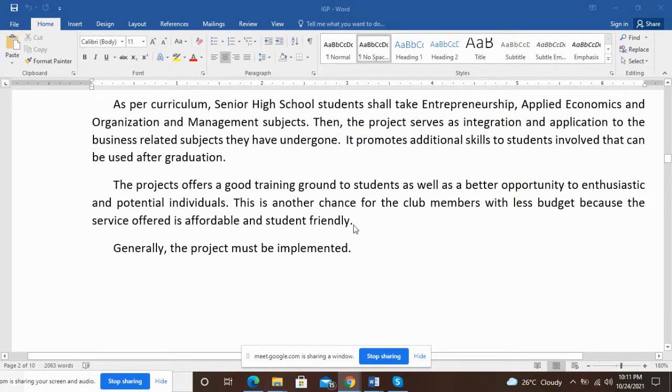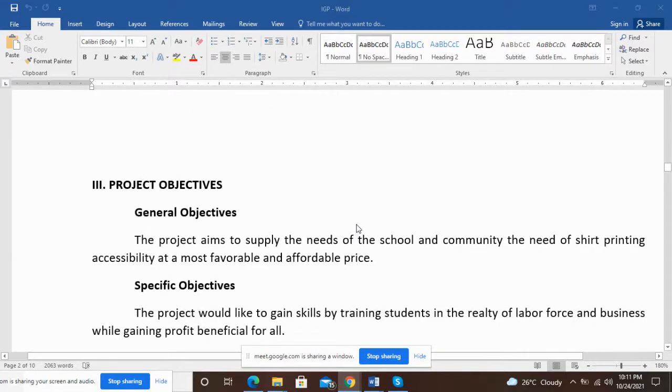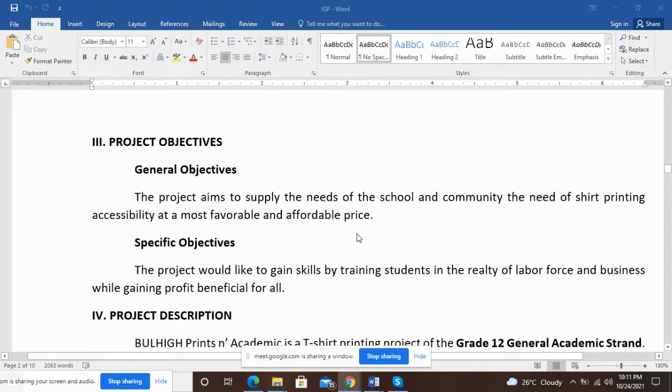Okay, and so next we have three, project objectives. Here you could see two objectives. The first one will be general, and the second one will be specific. For the general objective, you're going to think of the overall purpose why you're conducting this.